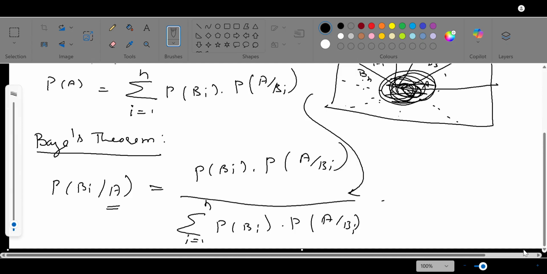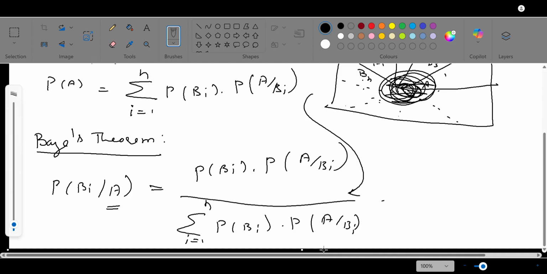Now we will see a problem based on this. I show you the screen. Here you see one problem is given. In a bolt factory, machines A, B and C manufacture respectively 25%, 35% and 40% of the total.